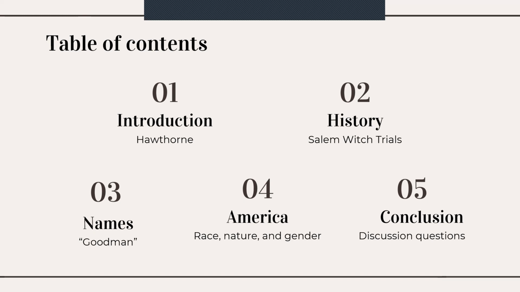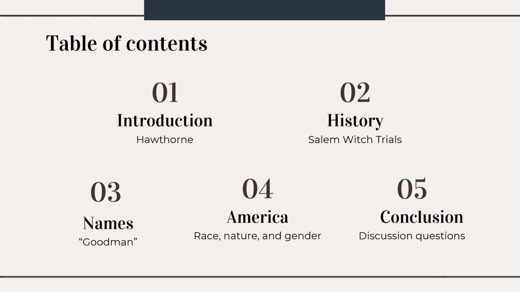In section two, we'll see the important historical background of the story, the Salem Witch Trials. It is known that Hawthorne's ancestor was involved in this witch trial, and Hawthorne himself was also ashamed of his family history. So understanding the Salem witch trials is important in understanding the story.